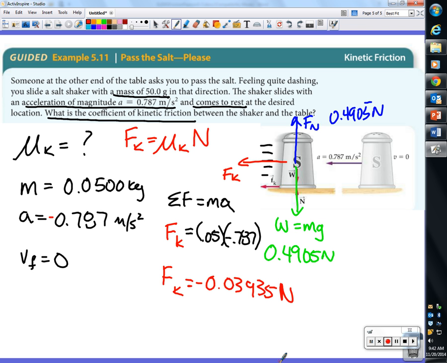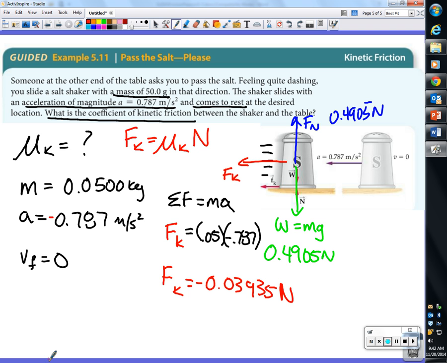So, N will remain the same, but the coefficient has increased. If the normal force remains the same and the coefficient increases, what does that do to the force of kinetic friction? There is more kinetic friction force.